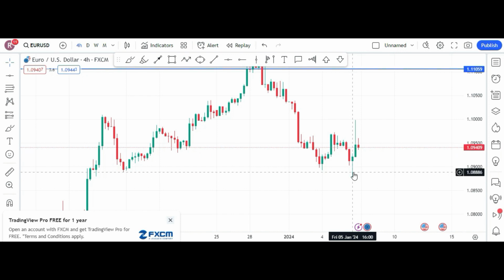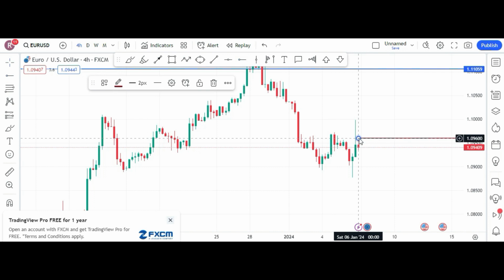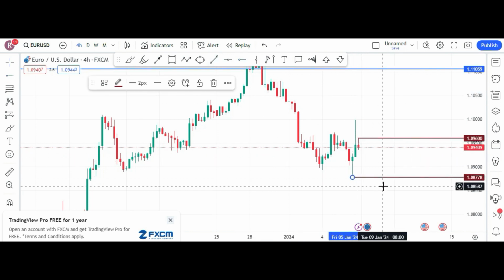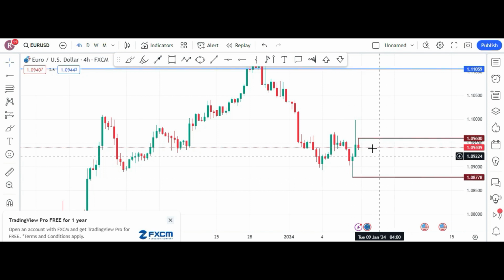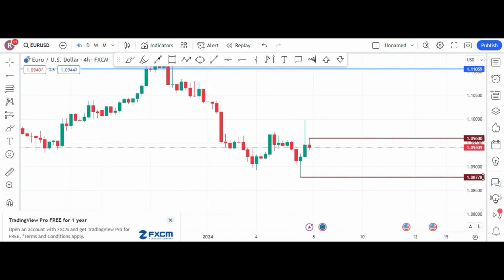Okay, so we mark them very clearly. This is the one area, this is the other area, this is the support, this is the resistance, and this is a very big area, more than 100 pips. Okay, this is more than 100 pips.